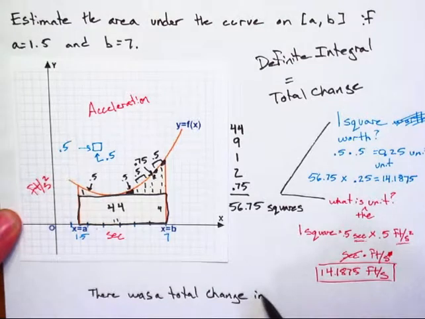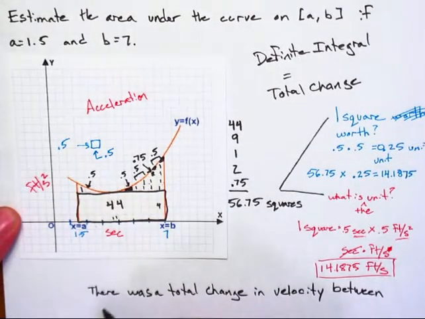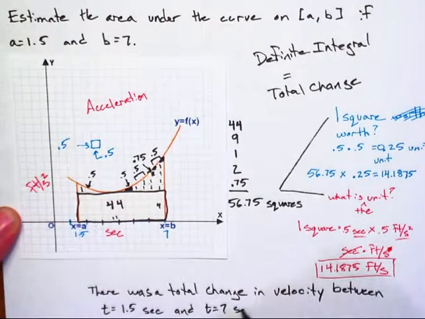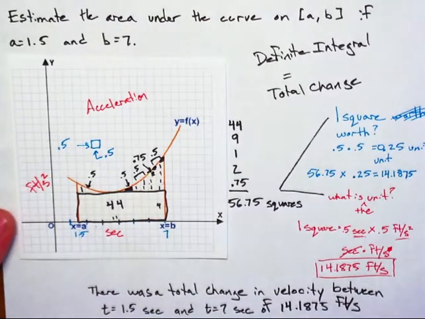In velocity between, use your units on that x-axis that we had for our A and B, t equals 1.5 seconds and t equals 7 seconds, of that total 14.1875 feet per second. Total change in velocity of that amount.